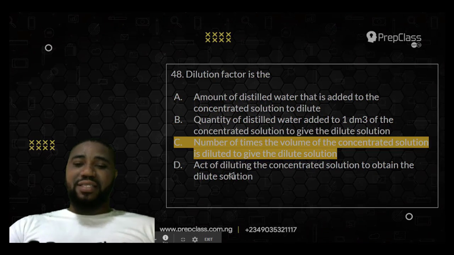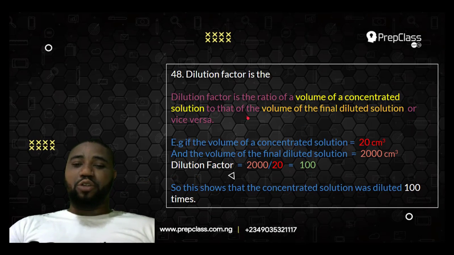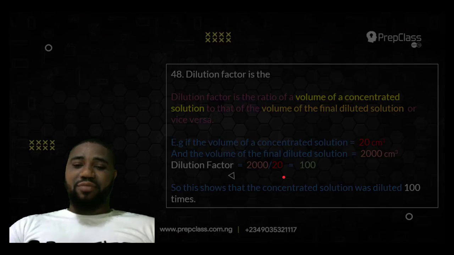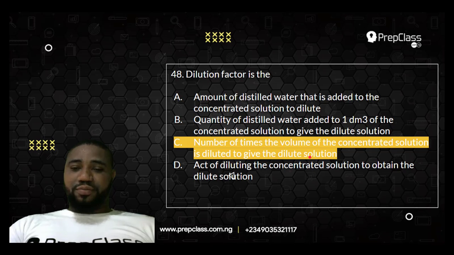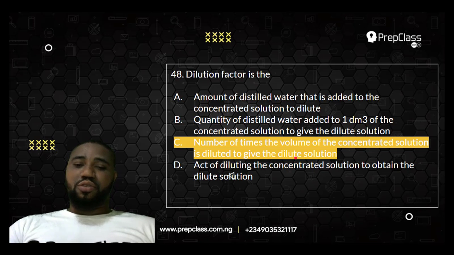We got that from defining dilution factor, from the ratio of the final dilute solution to the initial, telling you that it is 100 times. So C is your best answer.